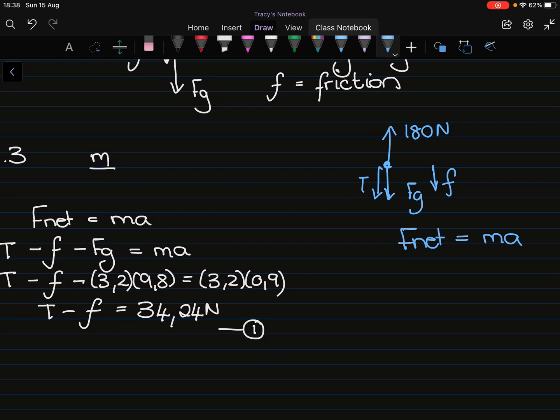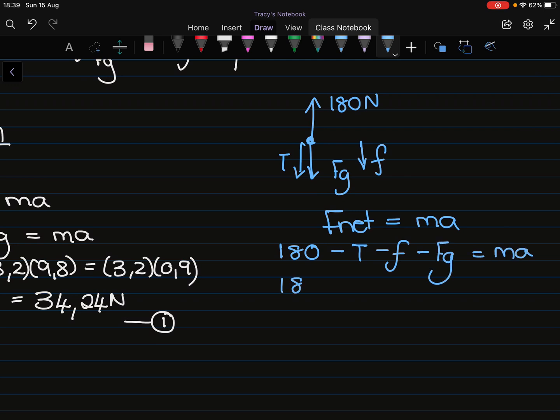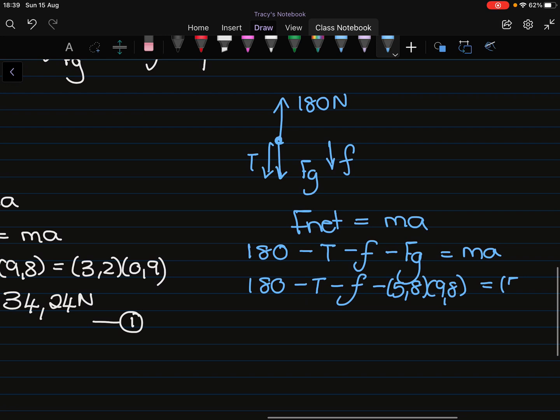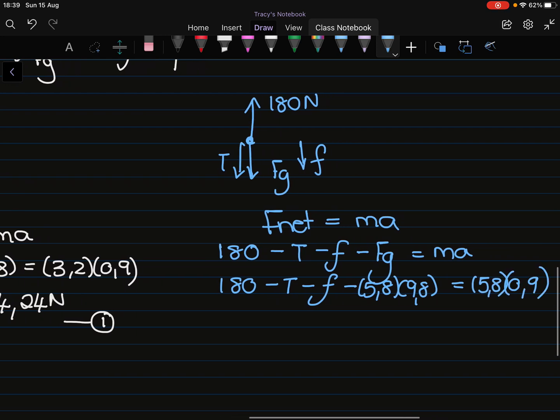Okay, I'm going to make this a bit bigger and we'll reduce it in a second. Which means we're going to have 180 minus tension minus friction minus Fg equal to MA. So 180 minus tension minus friction minus 5,8 times 9,8 equal to 5,8 times 0,9.